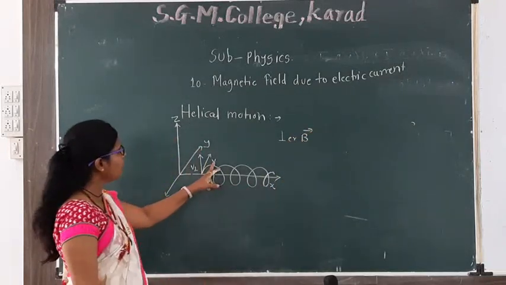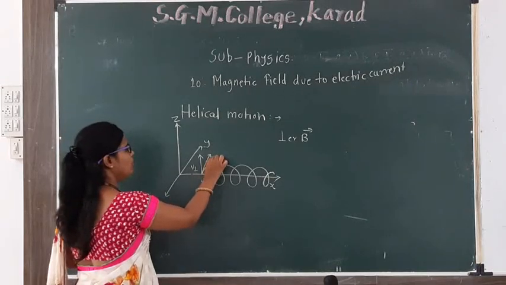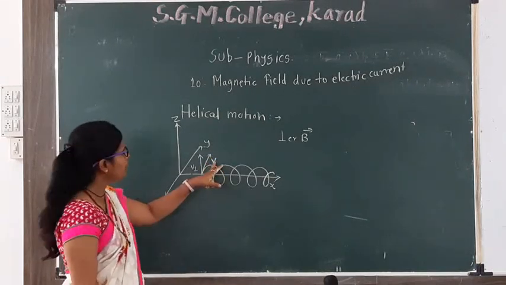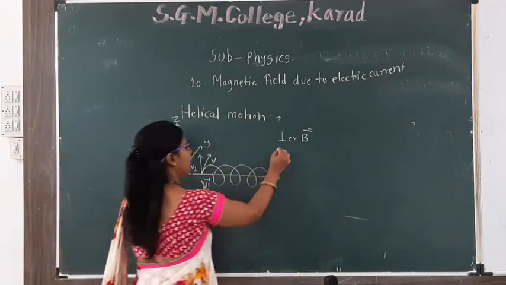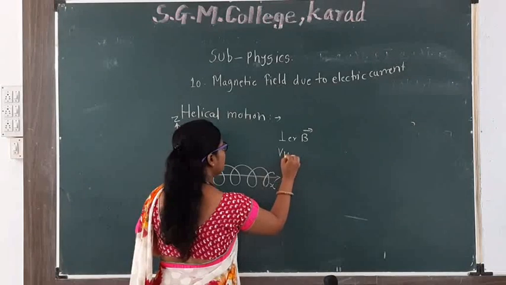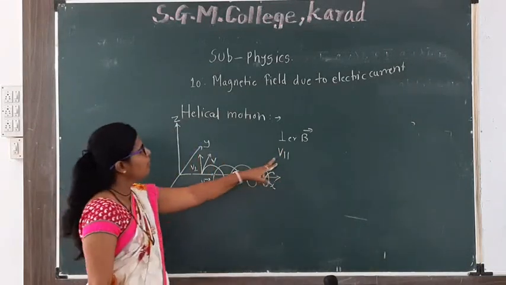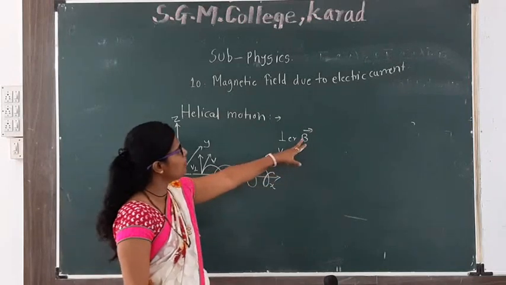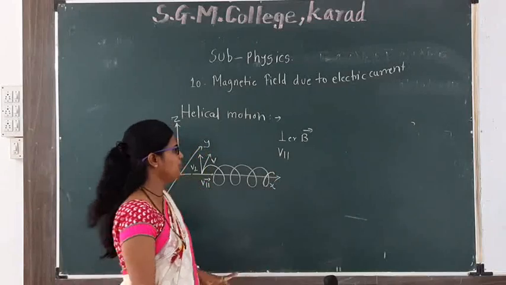Now, the component of the velocity V, the moving velocity, the parallel component V parallel, the velocity parallel to the magnetic field, leads to the helical motion.